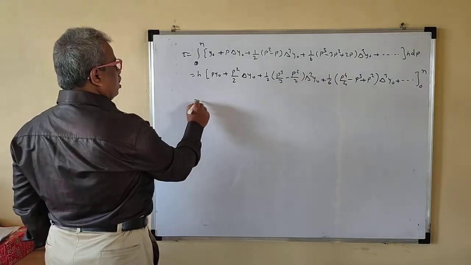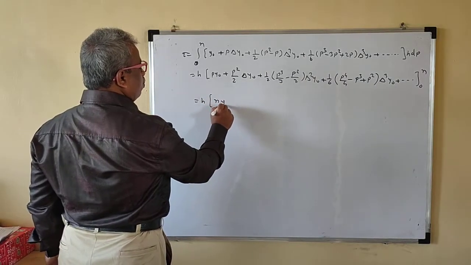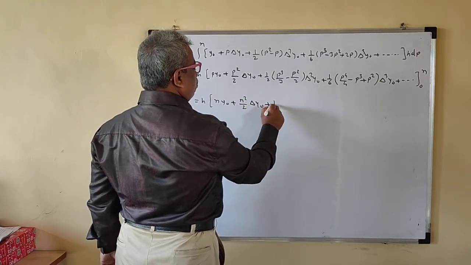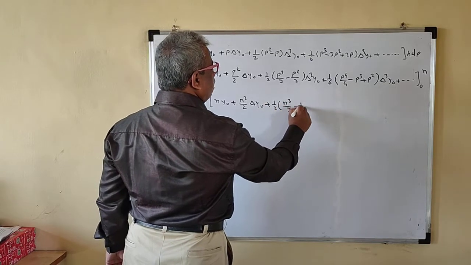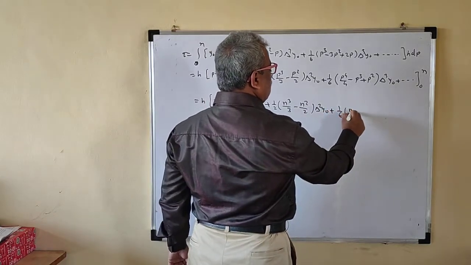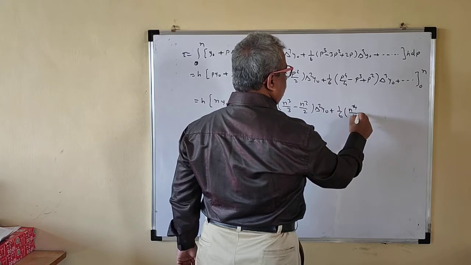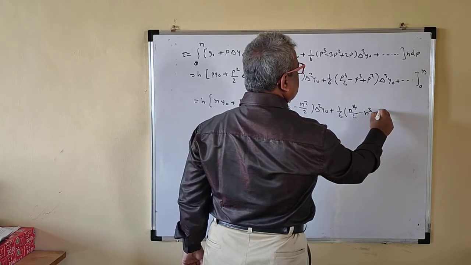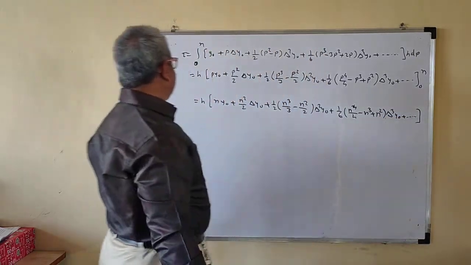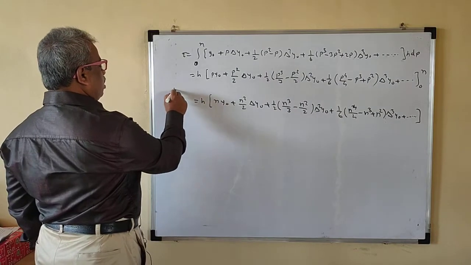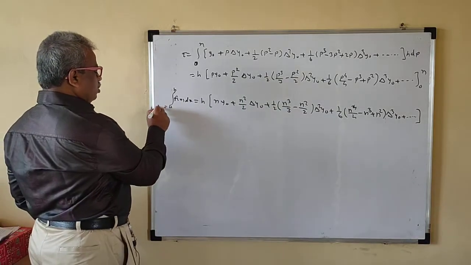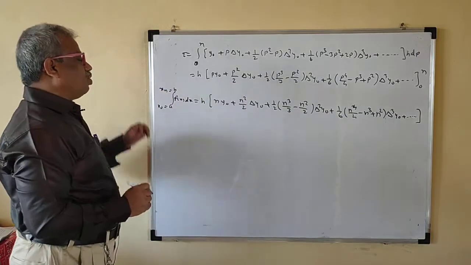So we get h times n y naught plus n square by 2 del y naught plus 1 upon 2 (n cube by 3 minus n square by 2) del square y naught plus 1 upon 6 (n raised to 4 upon 4 minus n cube plus n square) del cube y naught plus dot dot dot. This is your I, the integral from a to b of f of x dx, where a is x naught and b is xn.